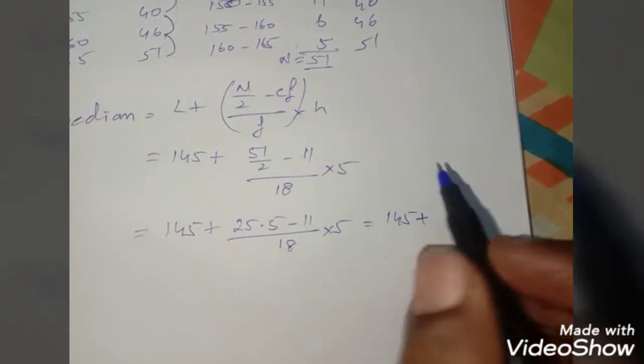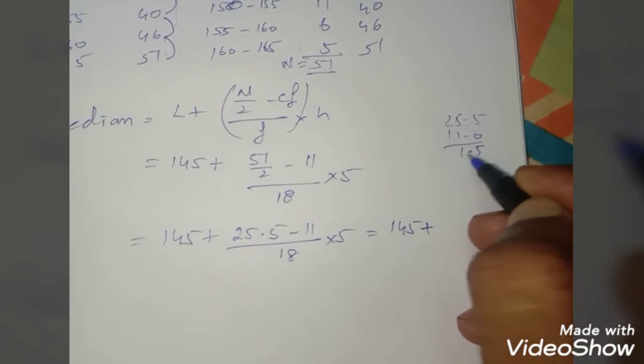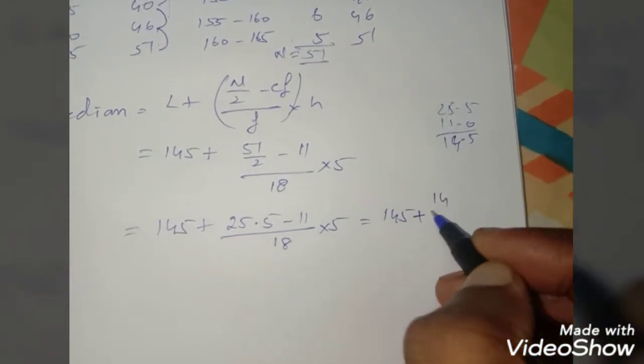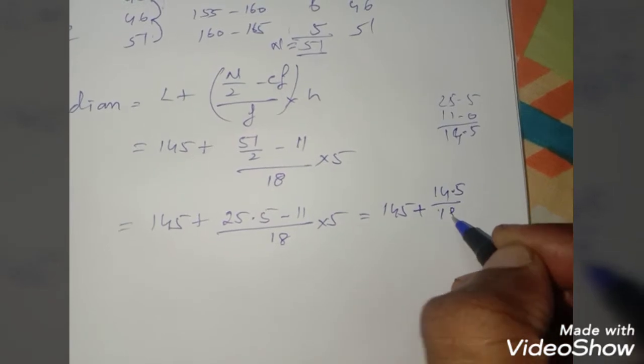Here 25.5 minus 11 is 14.5. So 14.5 divided by 18 into 5.